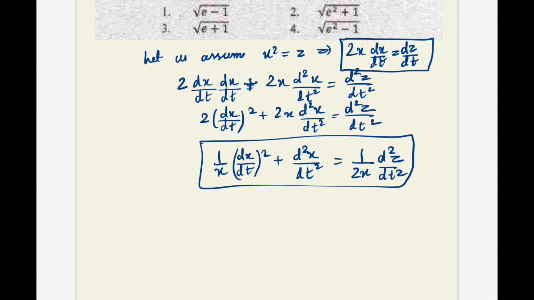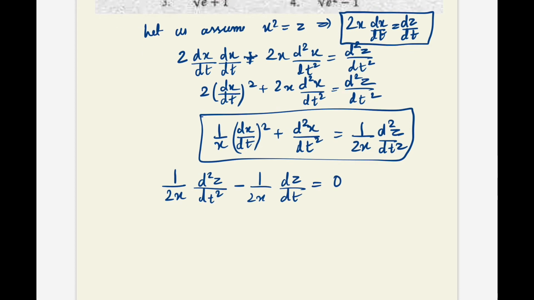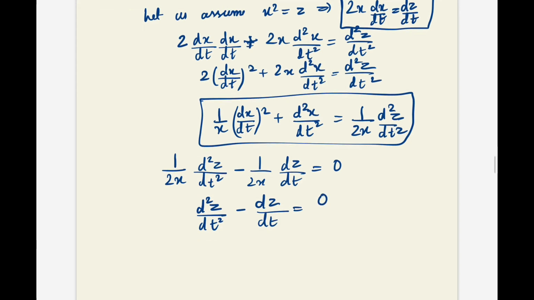We get the following: 1 upon 2x d2z by dt square minus 1 upon 2x dz by dt is equals to 0. Multiply by 2x, the differential equation is reduced to d2z by dt square minus dz by dt is equals to 0.